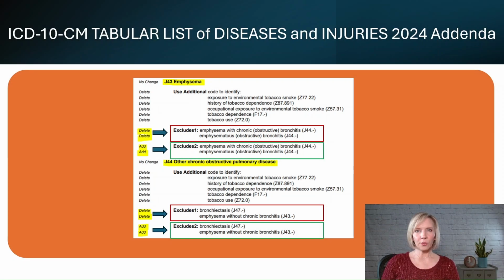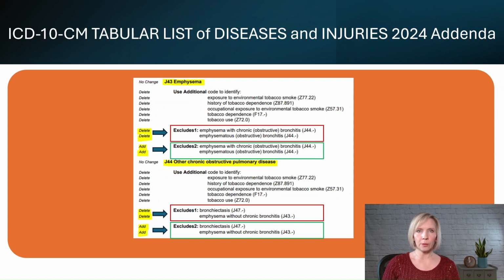This guidance is a result of the fiscal year 2024 updates and represents a significant change in how COPD with emphysema is coded. Previously, the rule was that only the code for emphysema should be assigned in cases where a patient experienced a COPD exacerbation or COPD with a lower respiratory tract infection due to an Excludes1 note that prevented the two codes from being used together.